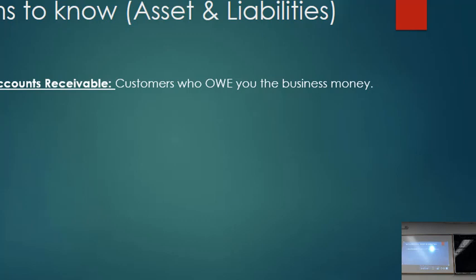So when you have accounts receivable, that means you still need to receive money from your customers. They haven't paid you yet. It's going to be the same debits and credits, where debit will increase and credit will decrease because it's an asset. Always remember the asset account will have the debit increase and the credit decrease.